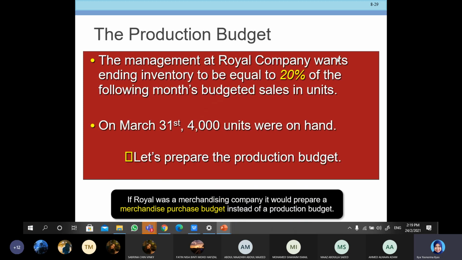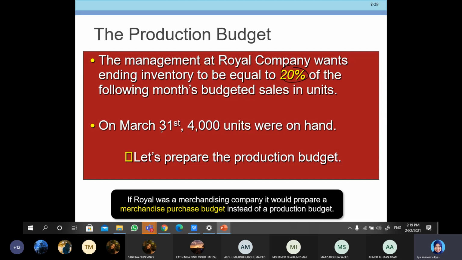The management of Royal Company wants ending inventory to be equal to 20%, this is very important, of the following month's budgeted sales in units. On March 31st, 4,000 units were on hand. Let's prepare the production budget.